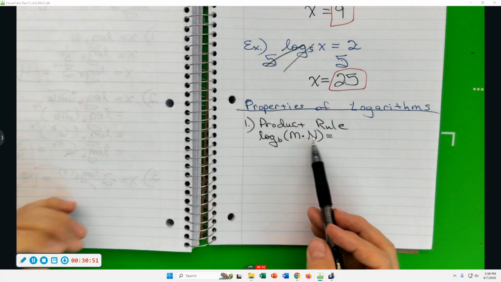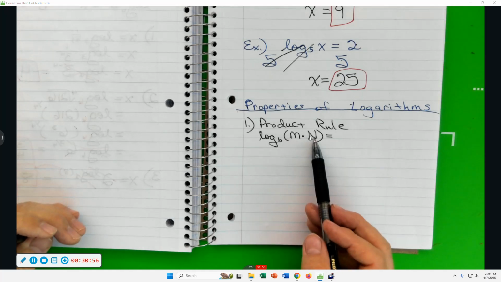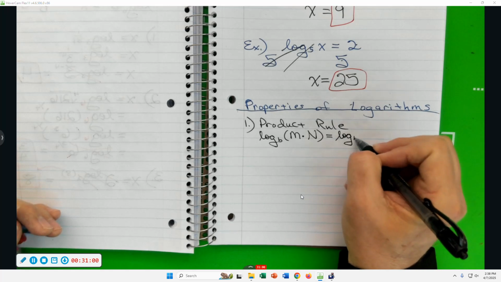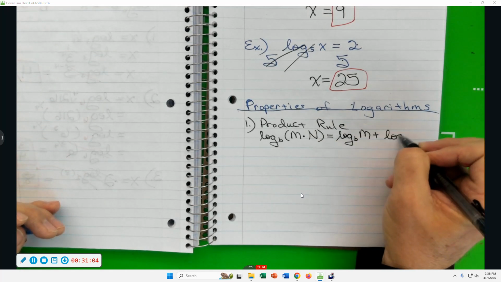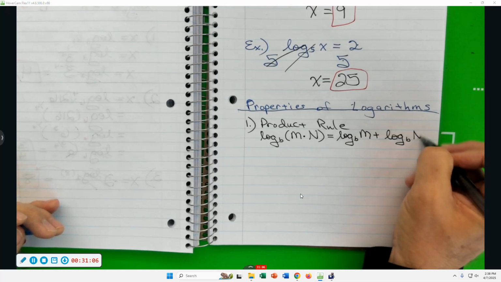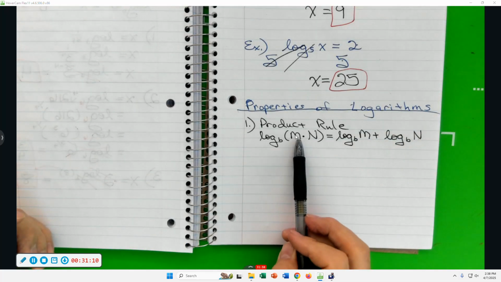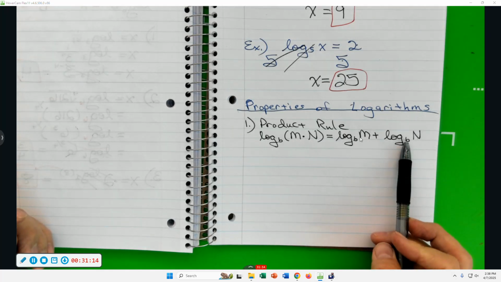Notice inside the argument, m and n are being multiplied. You can rewrite that as log base b of m plus log base b of n. If the arguments are being multiplied, you can add the individual logarithms.